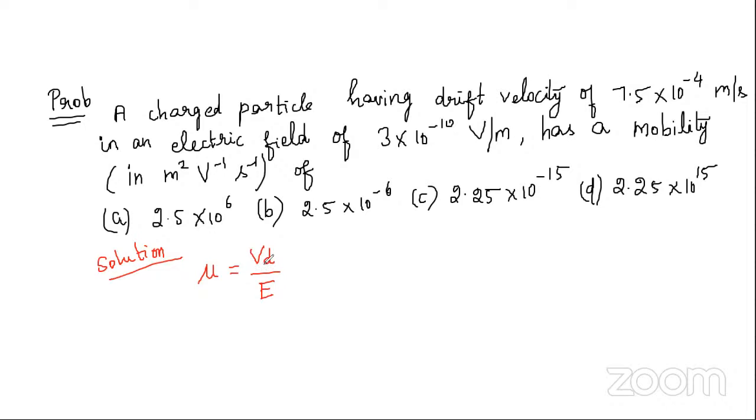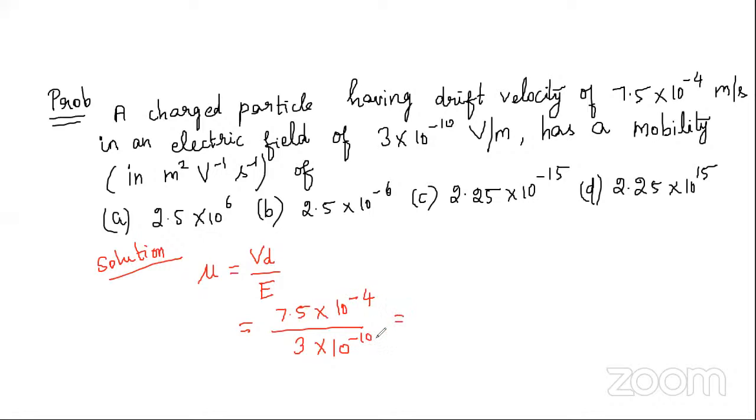This is the formula for finding out the mobility. And here the drift velocity is 7.5 into 10 power minus 4, divided by the electric field, which is 3 into 10 power minus 10.